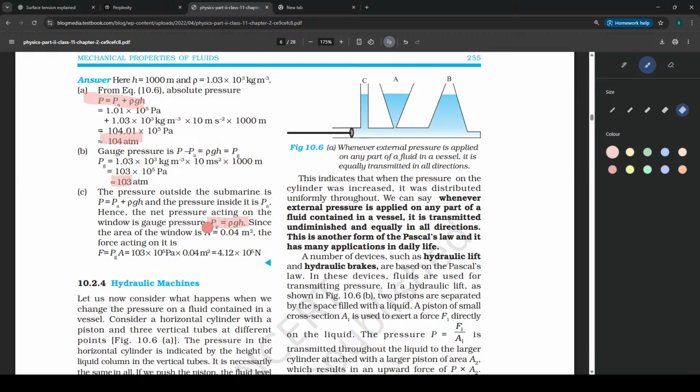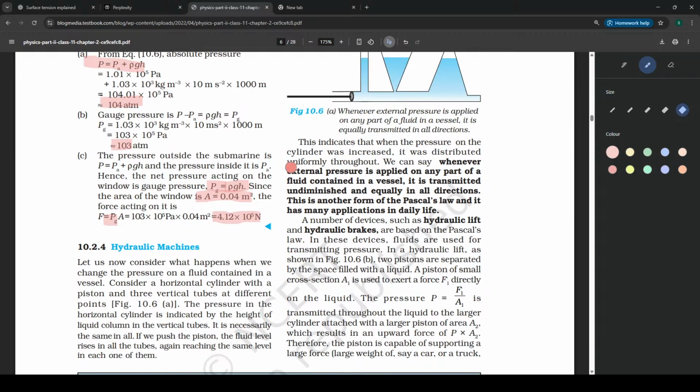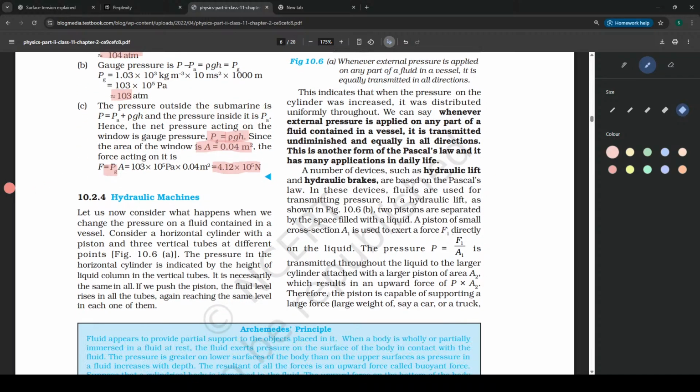And since area is equal to 0.04 meters square, the force acting on it is equal to Pg times A, which we will get as 4.12 into 10 power 5 Newton. So for a submarine designed to operate at such depths, the walls of the submarine must at least withstand this much pressure for the submarine to not collapse.